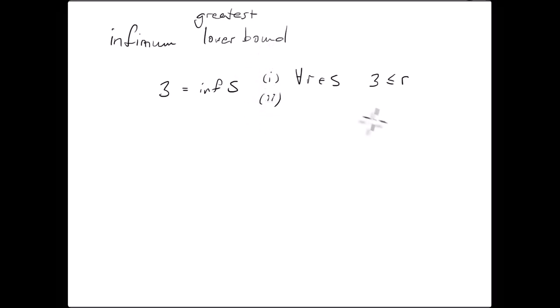It's the greatest lower bound, means if I pick anything bigger than 3, it is not a lower bound. So flip the quantifier for not, and there's our definition.